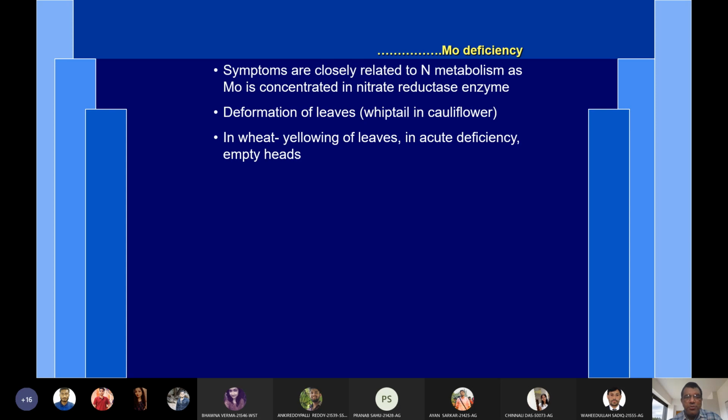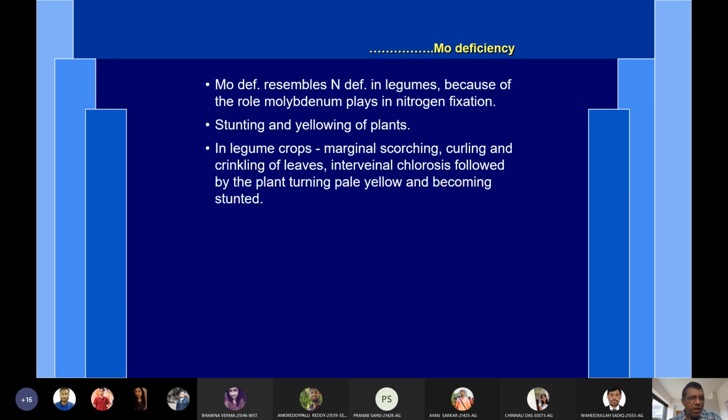Symptoms are closely related to nitrogen metabolism, as molybdenum is concentrated in the nitrate reductase enzyme, particularly in legumes. Deformation of leaves can happen in cauliflower, whiptail of cauliflower, and in wheat, yellowing of leaves in acute deficiency, empty heads. So these are the symptoms. Molybdenum deficiency resembles nitrogen deficiency in legumes because of the role molybdenum plays in nitrogen fixation.